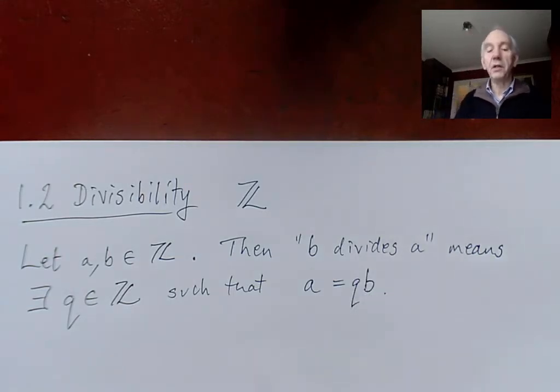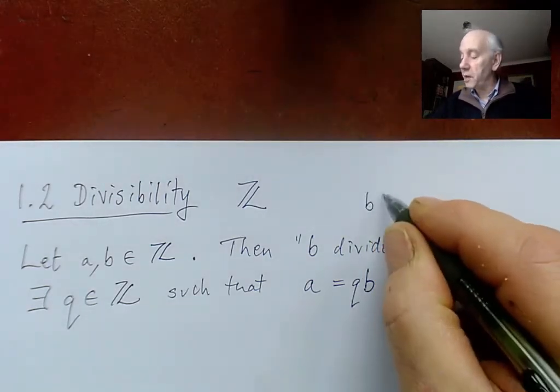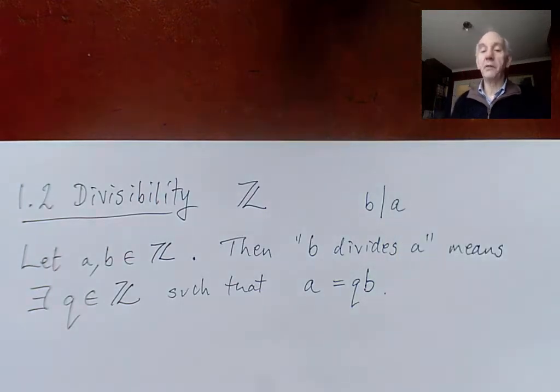That's what we mean when we say b divides a, and in symbols we write this b | a. "b divides a" is written like that.